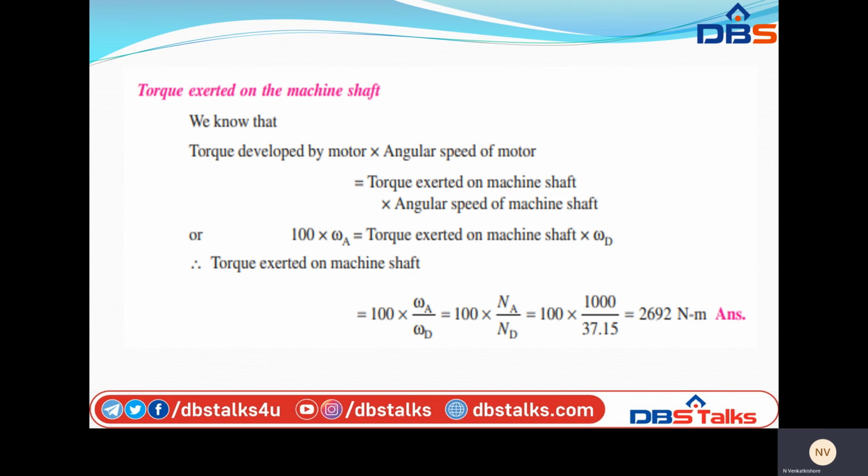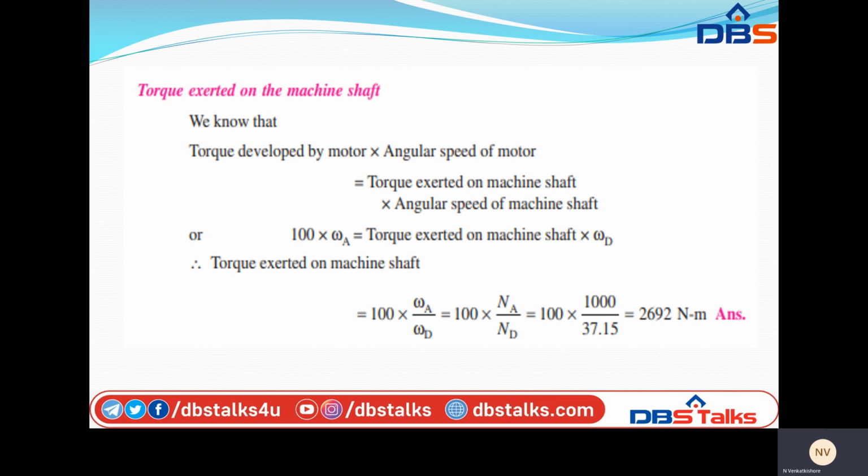So 100 into omega A equals the torque exerted on the machine shaft into the angular speed of the machine shaft, omega D. So the torque exerted on the machine shaft is 100 into omega A by omega D. Omega is 2 pi N by 60, and in both cases 2 pi by 60 is common, so they cancel, and it is NA by ND.